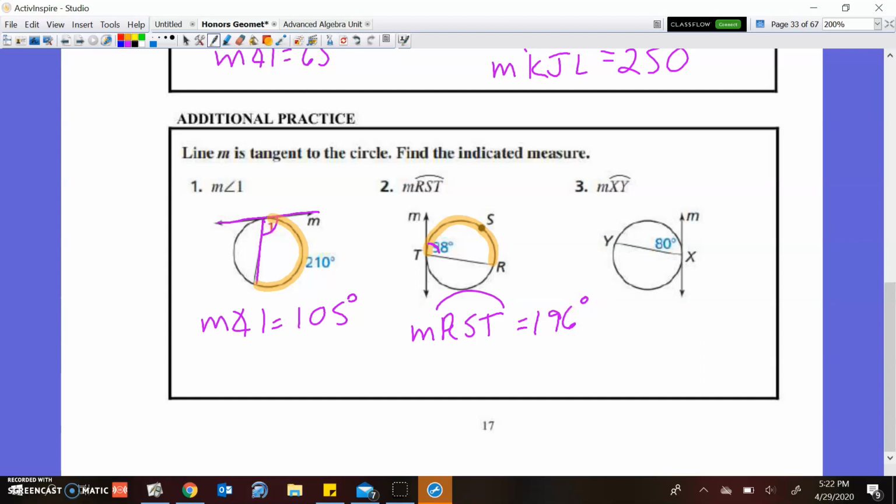All right, and then the last one is the measure of arc XY. So this is this right here. Since this is 80, my arc is going to be double, so measure of arc XY is going to be 160 degrees.